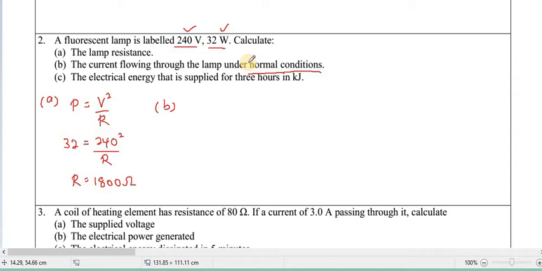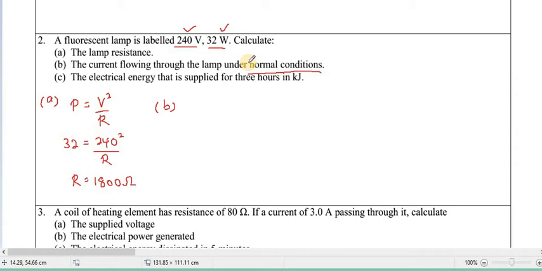So it is very important for the question to tell you that this electrical appliance is functioning normally, or functioning under normal condition, or that the lamp or bulb lights up normally, or lights up under normal brightness.